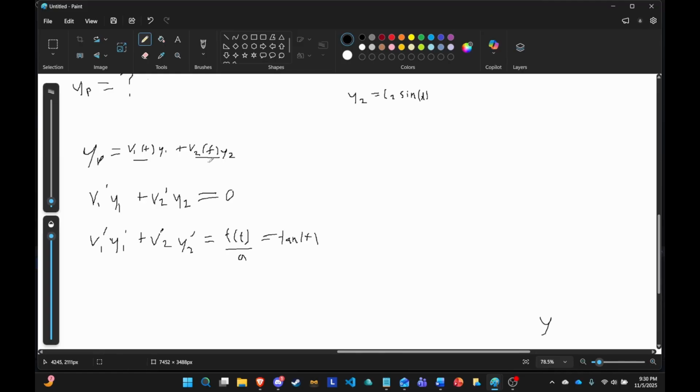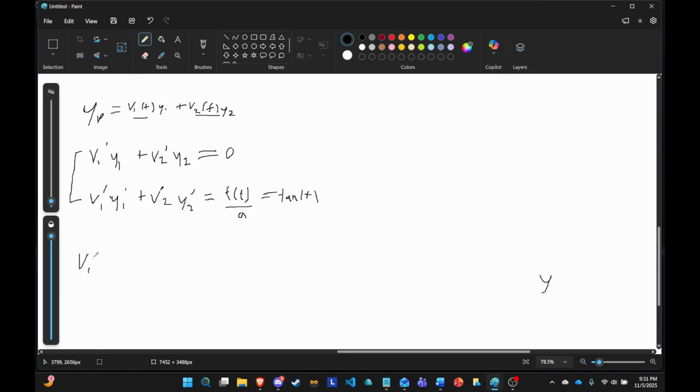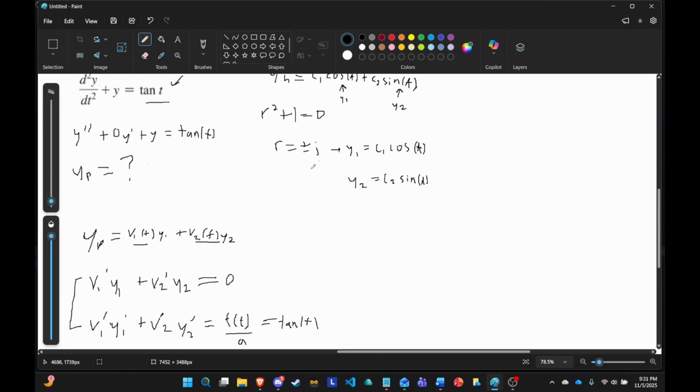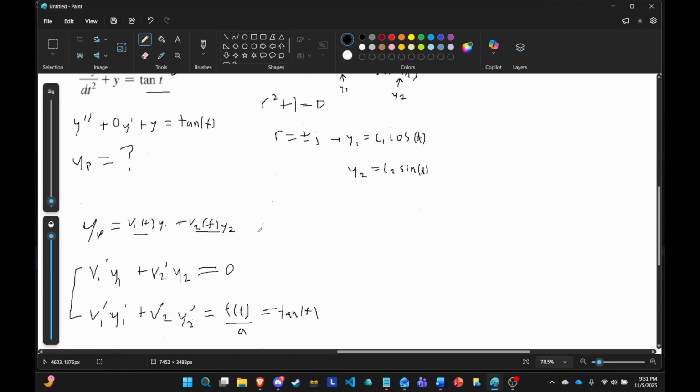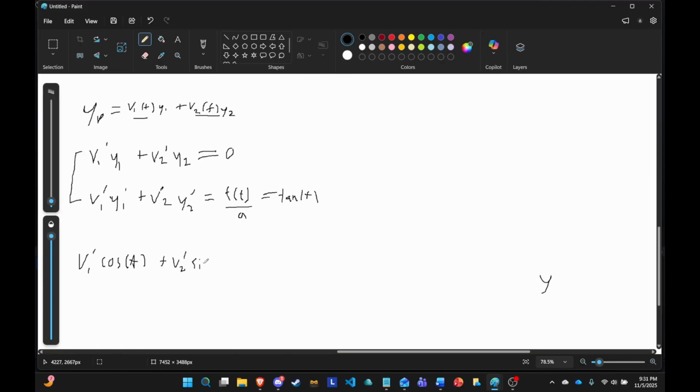So now all we have left to do is plug in our values into this system we've created with these conditions. If we remember, we have v1 prime, our y1 is cosine, so v1 prime cosine of t, and then v2 prime, and y2 was sine, so v2 prime times sine of t.